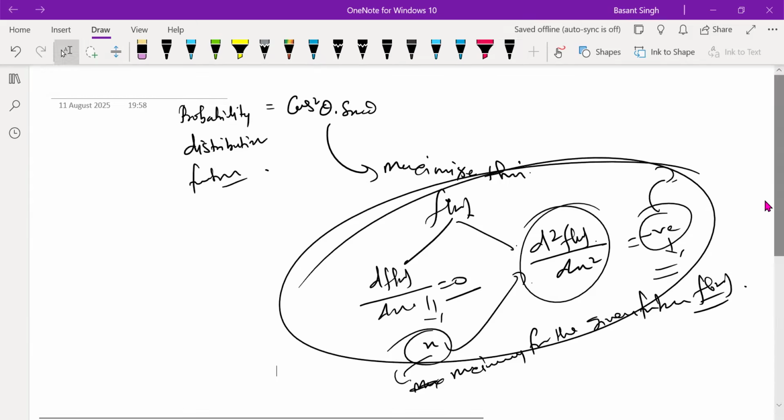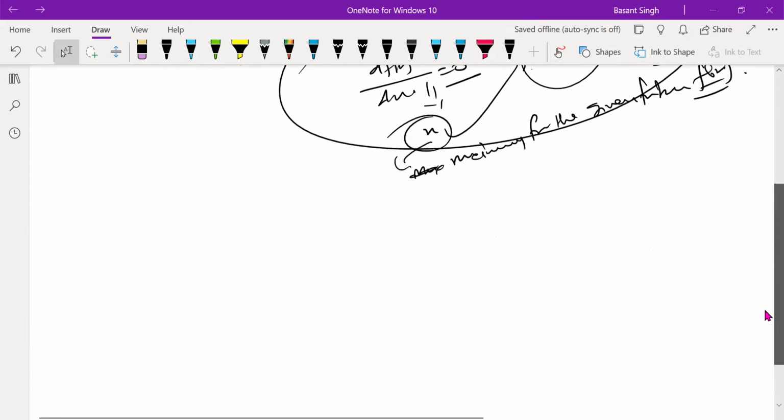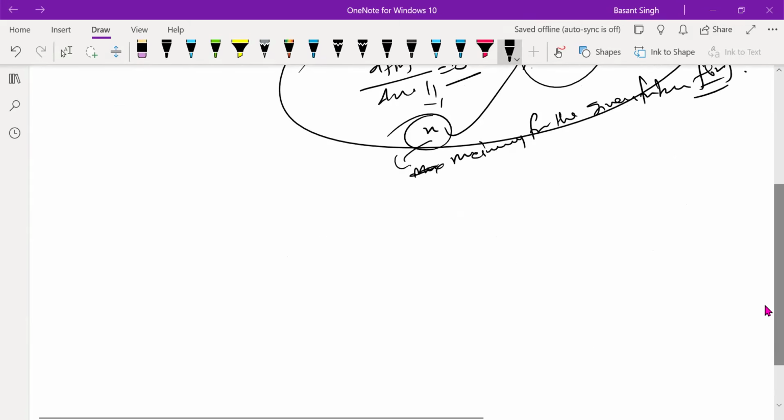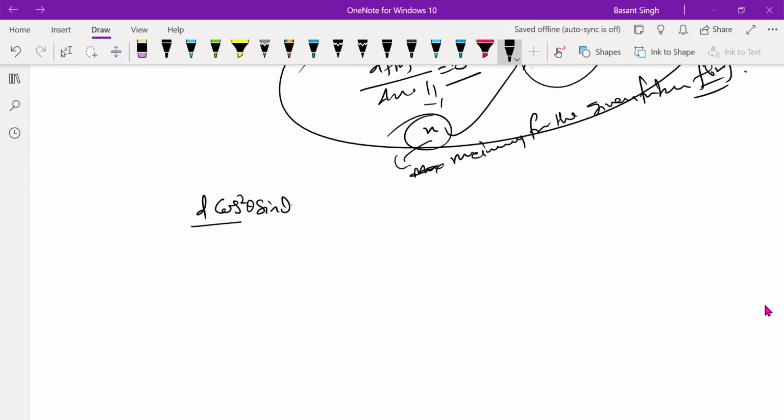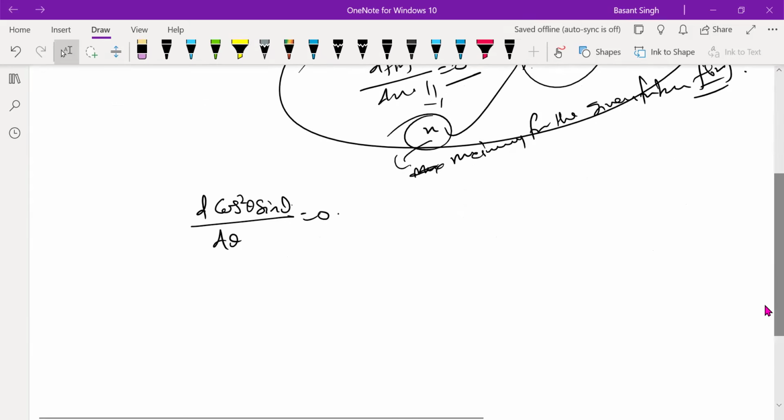For this function, the probability distribution function cos square theta sin theta, first of all differentiate with respect to theta equal to 0, and this gives sin theta is equal to 1 by root 3.